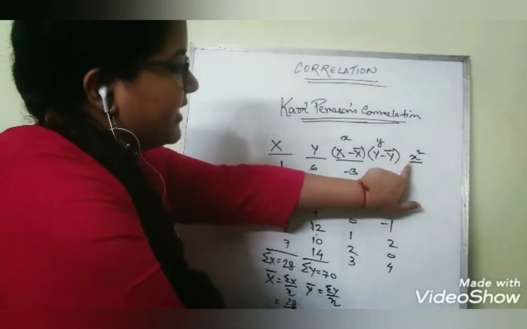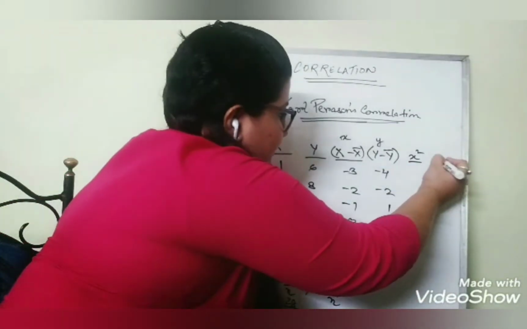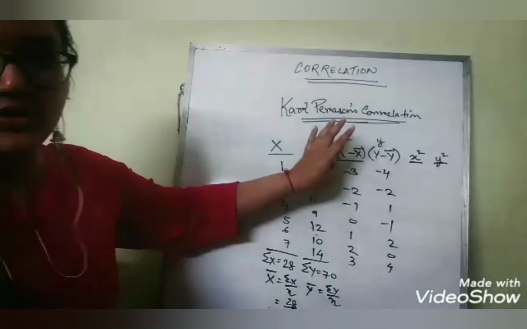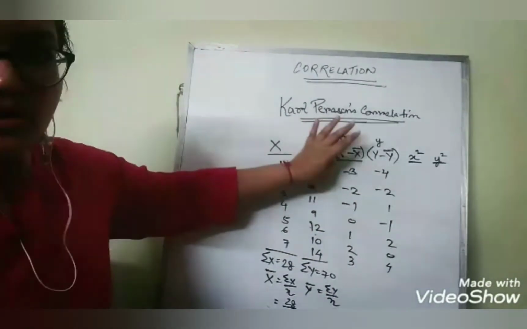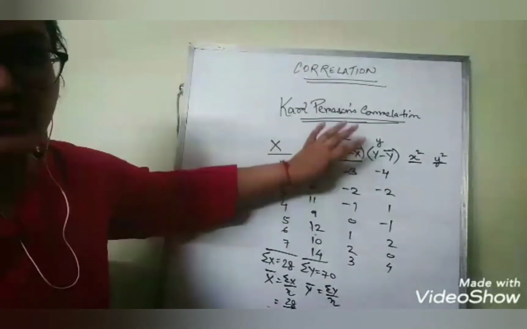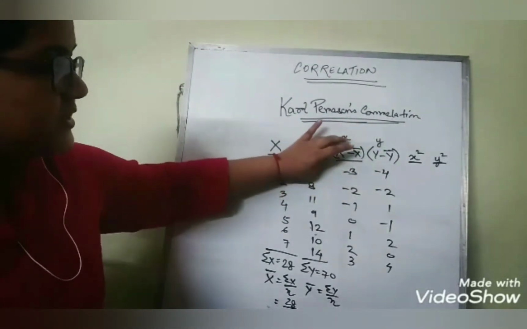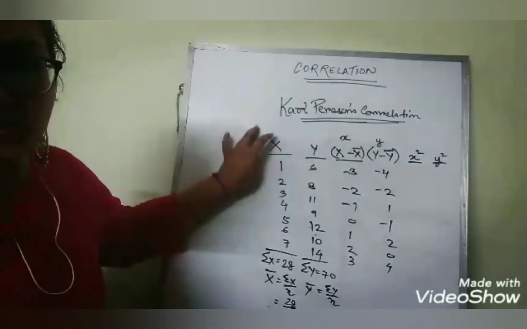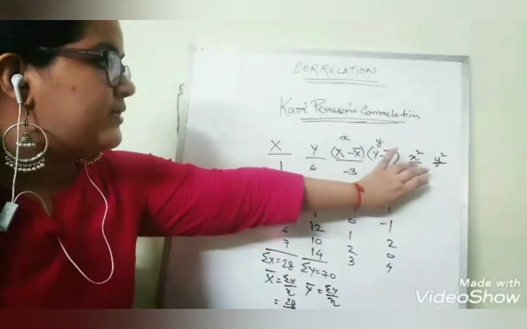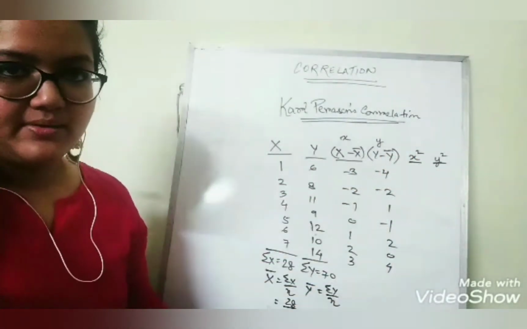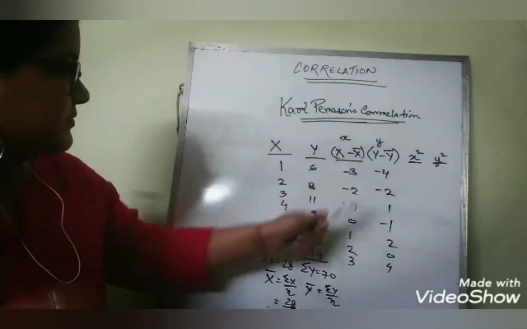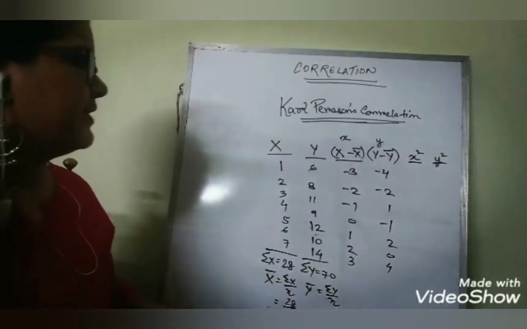For better understanding, if you are solving this sum, you can take any variable except x and y, say a and b, so that you don't confuse small x and capital X. So you have to find a square and b square. Simple.